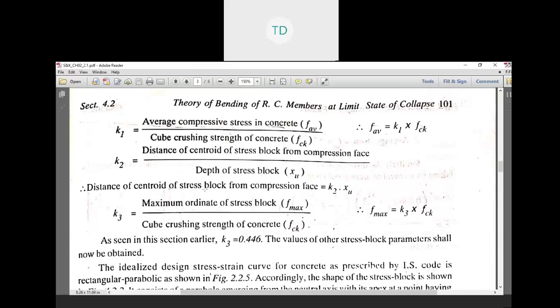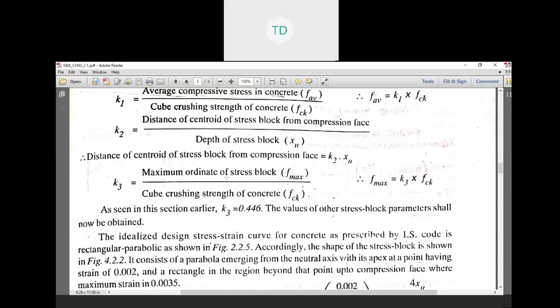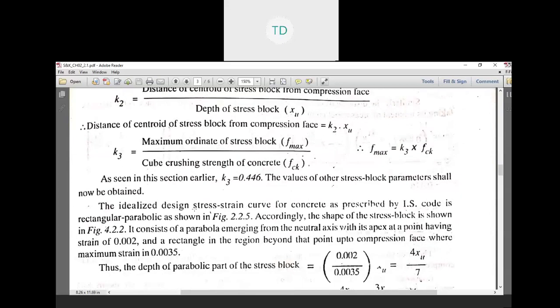Distance of centroid of stress block from compression face is K2 into XU, and the third, K3, is maximum ordinate of stress block fmax divided by fck, the cube crushing strength of concrete. So fmax is equal to K3 into fck. As seen in this section, K3 is equal to 0.446, the value of other stress block parameters.